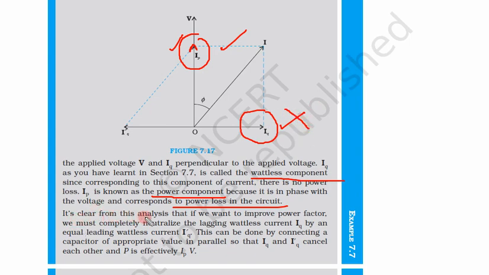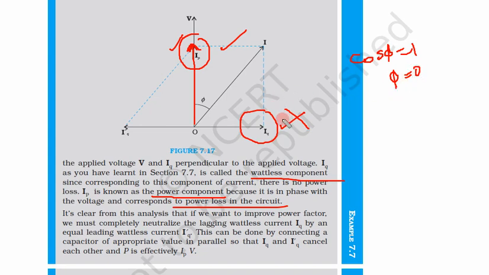It is clear from this analysis that if we want to improve the power factor, we must completely neutralize the lagging wattless current IQ by an equal leading wattless current IQ dash. So we want phi to be 0. That means we want all the current in the same direction as the voltage. So we want cos phi equal to 1, that means phi equal to 0.